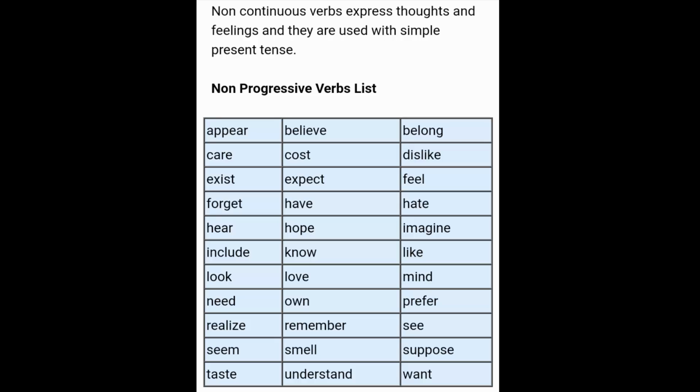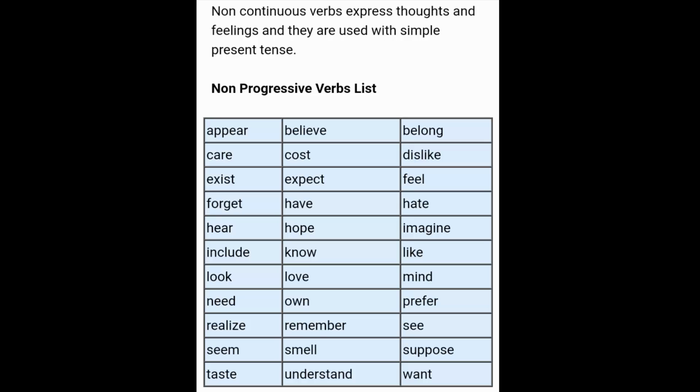And then we have look in the first column. We can use it in progressive sense but with a difference of meaning. Taste, the last word in the first column, can be used in progressive sense but with a difference of meaning. Expect in the second column with a difference of meaning, and have with a difference of meaning in progressive form, love with a difference of meaning, smell with a difference of meaning.